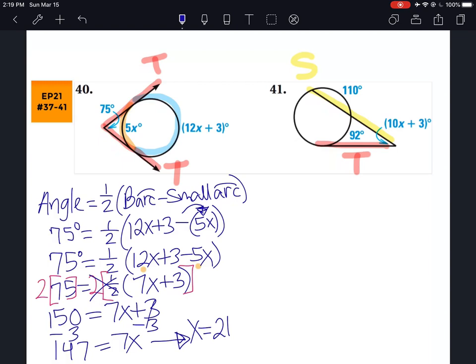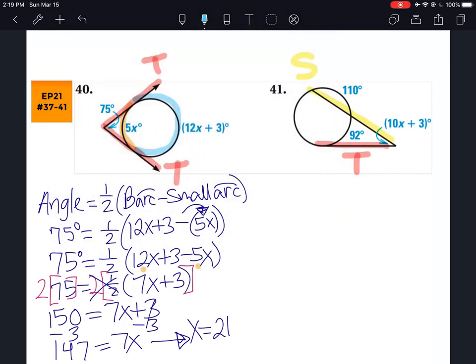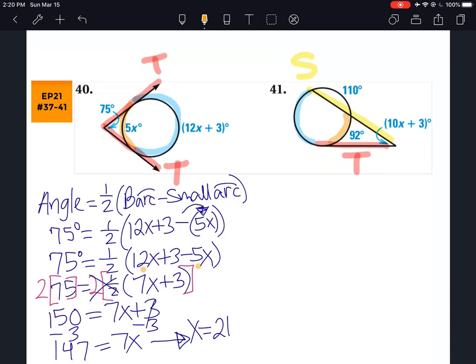41 will be the exact same formula, but we have a big problem. If you notice, the bigger arc for number 41 is right here, and the smaller one is over here, which means the 110 is not going to be used whatsoever. Before I cross it out, I do need the 110 to figure out what the blue line is. So first of all, I know a circle is 360, and I already have a 110 and a 92.